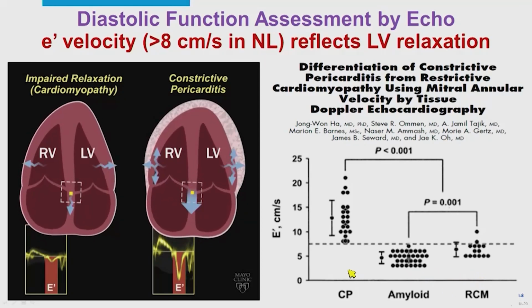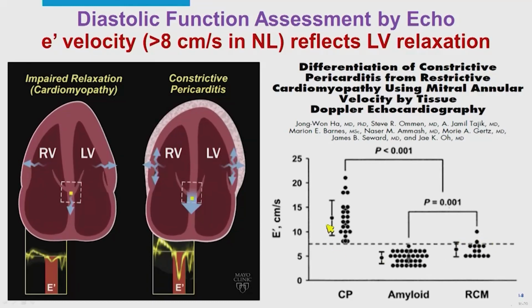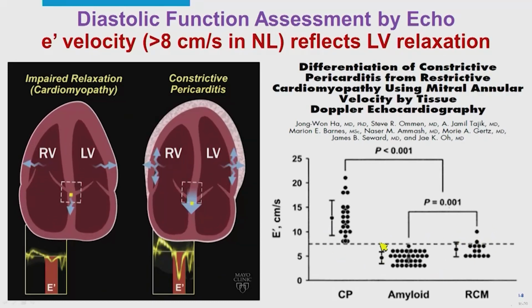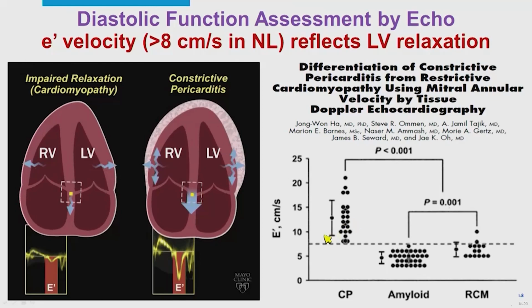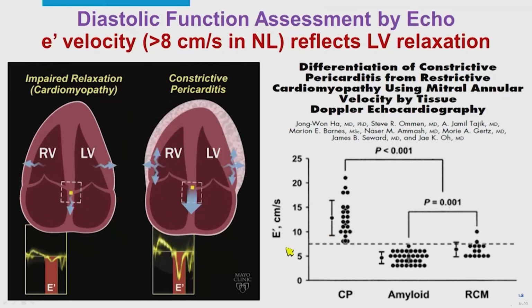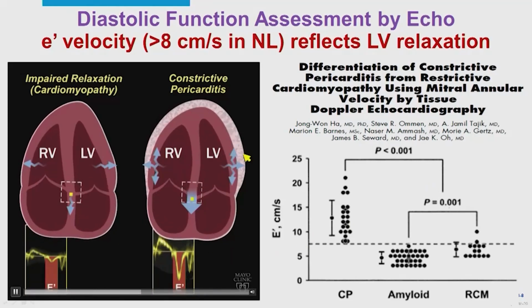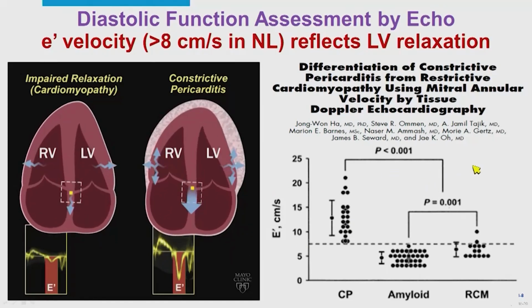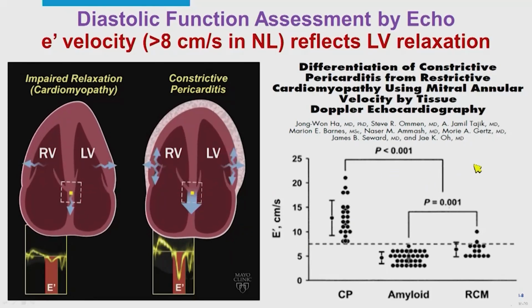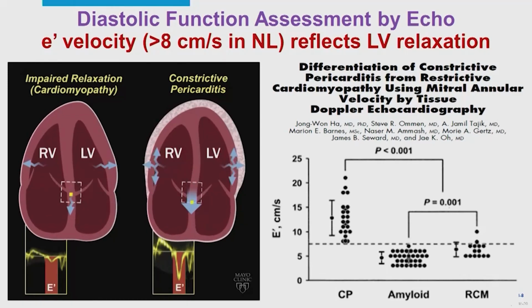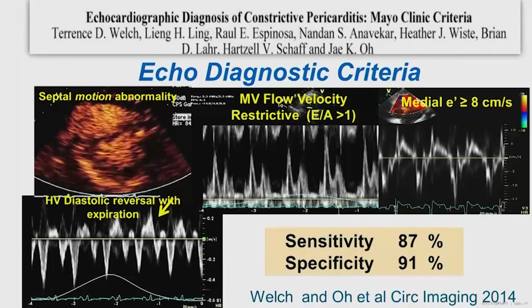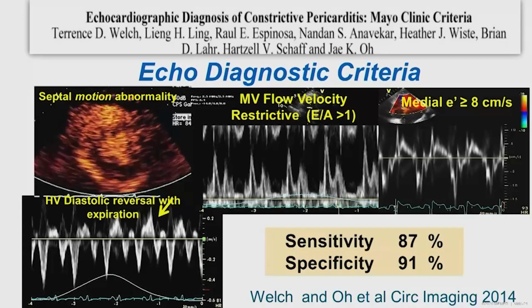As you can see, there's very little overlap between the myocardial disease and pericardial constriction when we use an E prime velocity of 8 or 9 centimeters per second. So this has become a very important parameter to distinguish between the two conditions and also diagnose constrictive pericarditis.